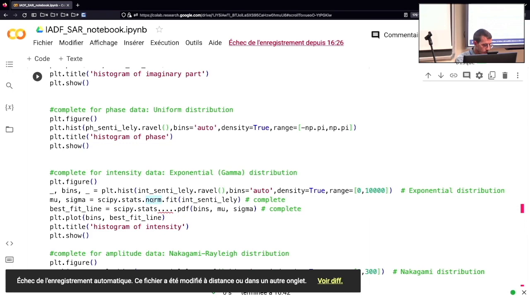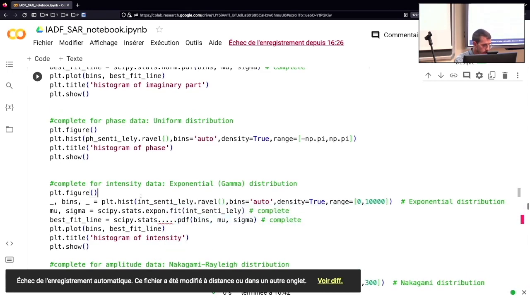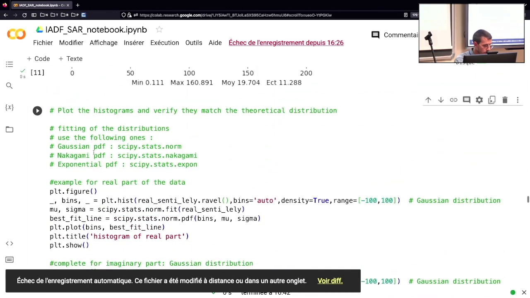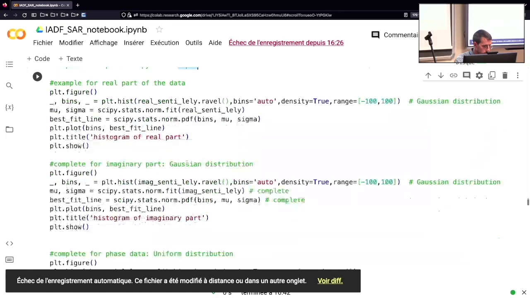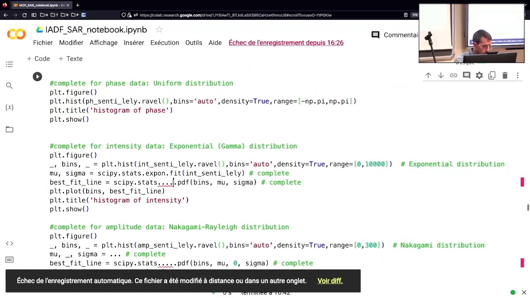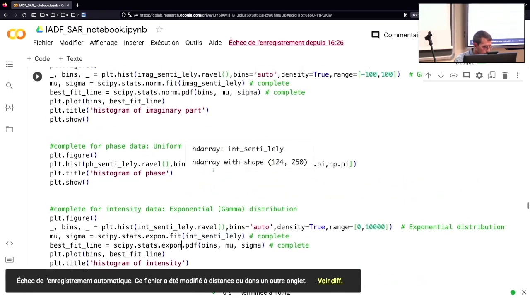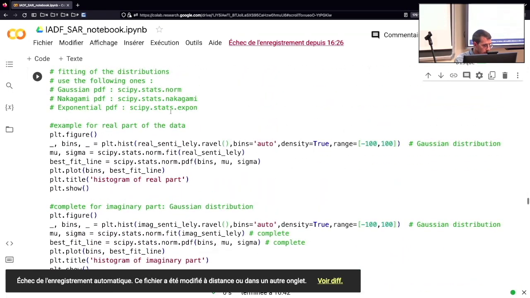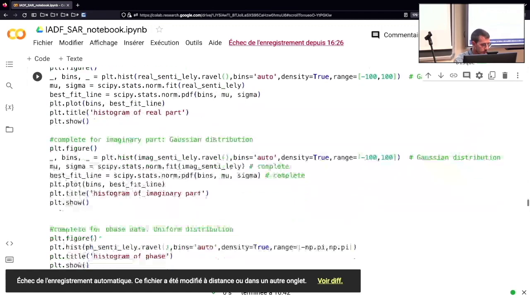And its distribution is exponential, so I'm going to use this pre-implemented function that you have here. So I'm going to fit an exponential distribution on the intensity, and finally, I'm going to fit what is called a Nakagami distribution on the amplitude information.